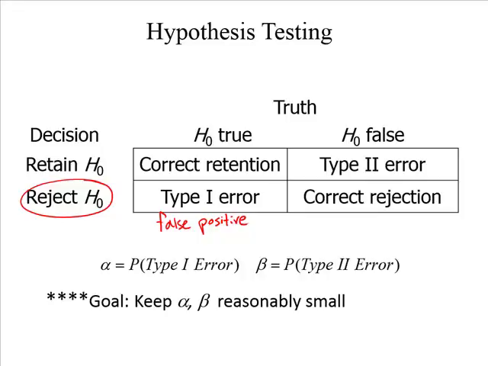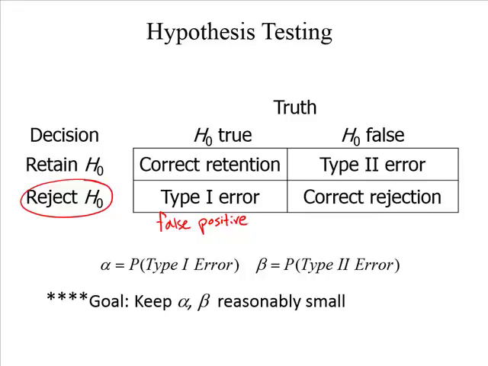The test has detected something in Joey's urine, elevated levels of something that usually only pregnant ladies have. That's what we would call a false positive. The test indicates that Joey is pregnant when we know he is not.